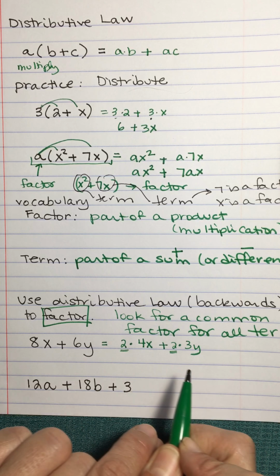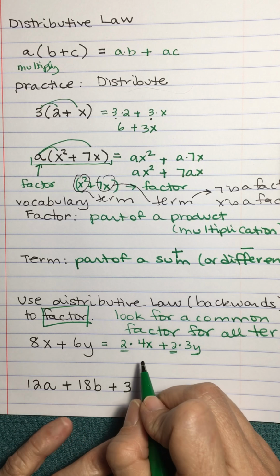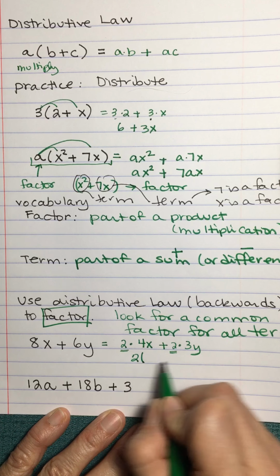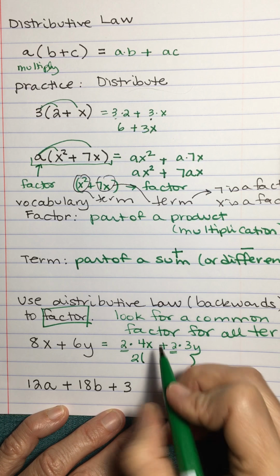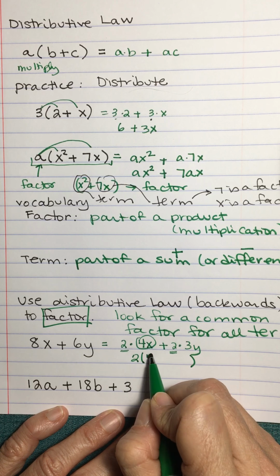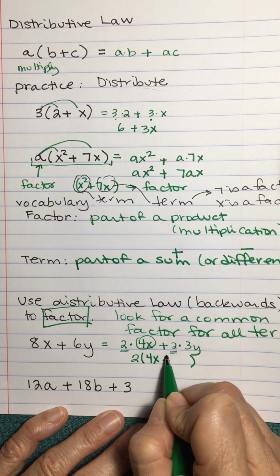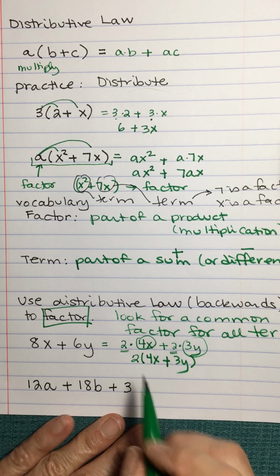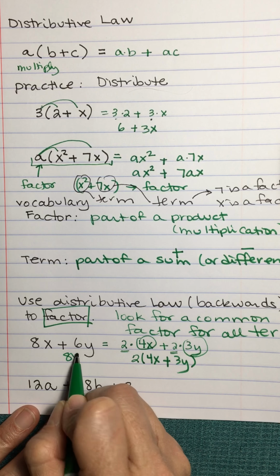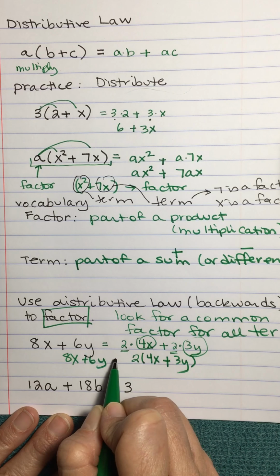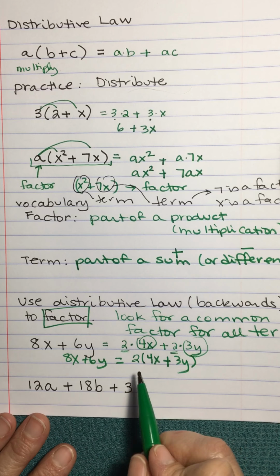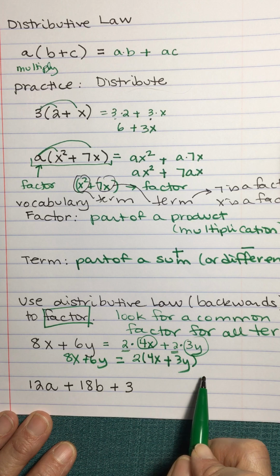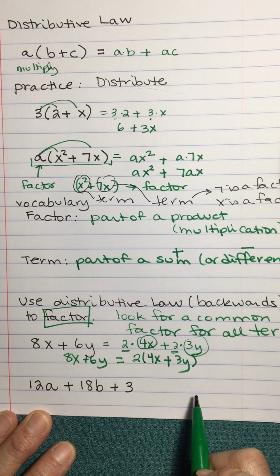So grab those 2's, factor them to the front, and then we gather the other pieces. So 4x plus 3y. Okay. So these are equivalent. 8x plus 6y is equivalent to 2 times the quantity 4x plus 3y.